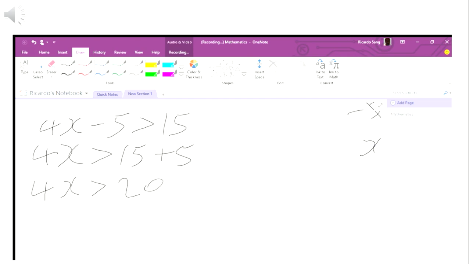Right? So look, there's no minus in here, so when you divide through by 4, we're not going to change the sign. Only when a negative is at the end here do we change the sign. So this is going to be 4x upon 4 greater than 20 upon 4.